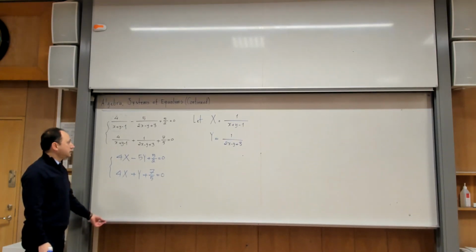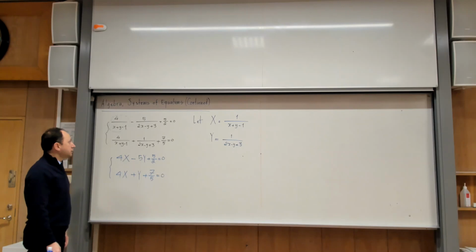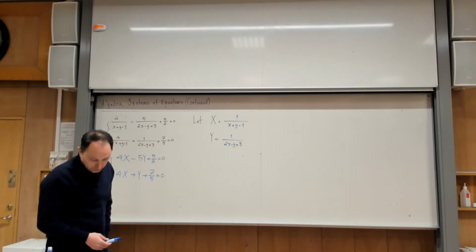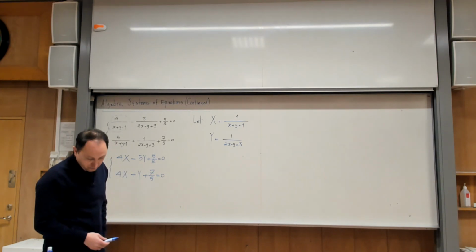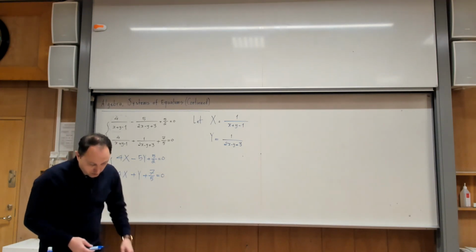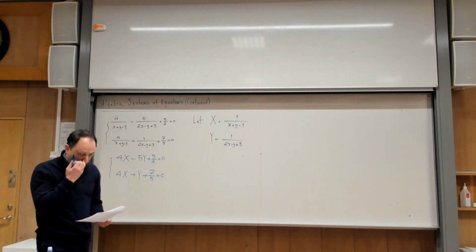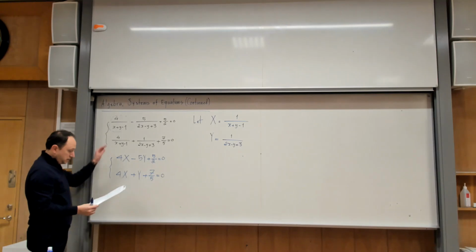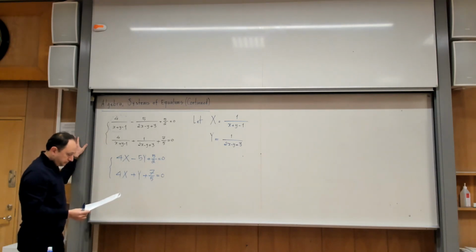Yesterday it was 4 over x plus y plus 1 in one of them, and the other one was x plus y minus 1. Let me see. I don't remember exactly what I have written. So you mean this is not the one that I wrote yesterday?